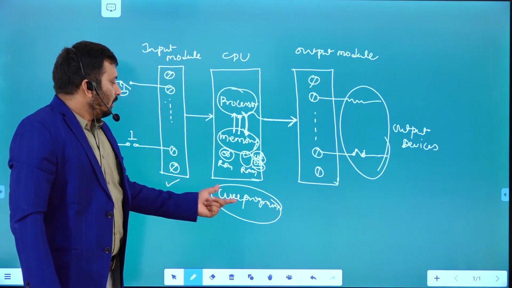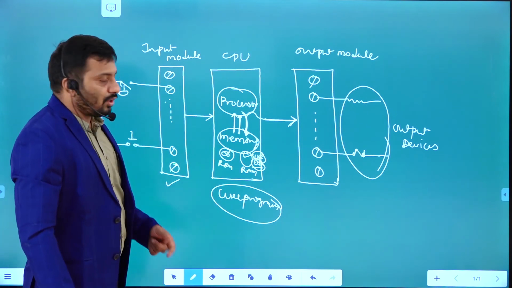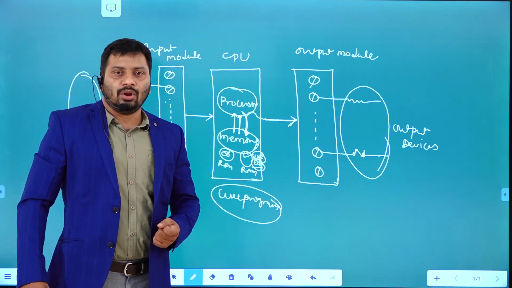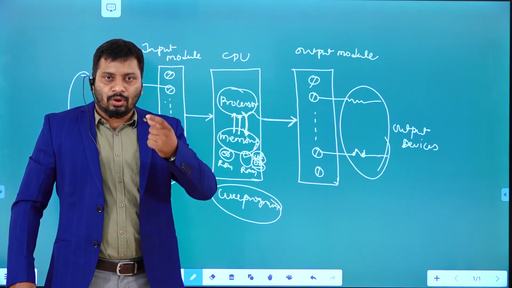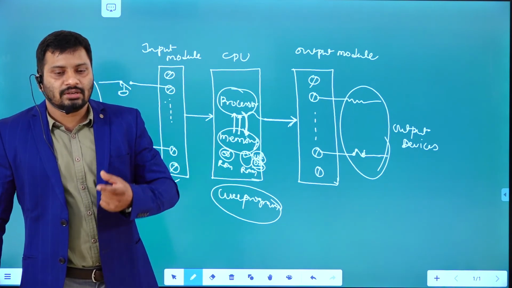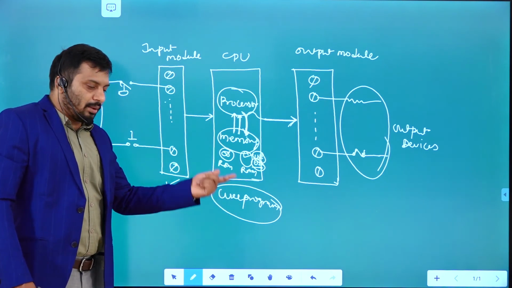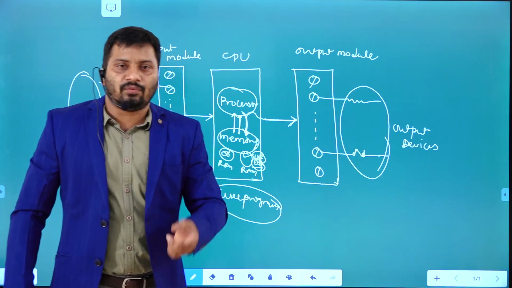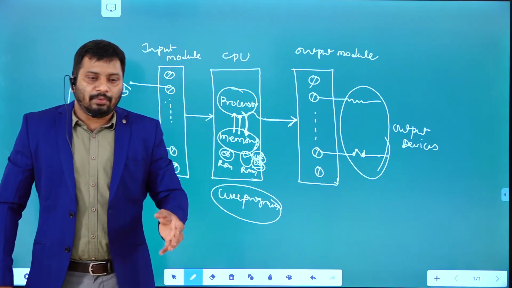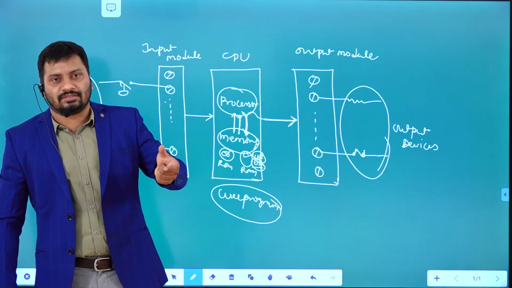We are going to discuss the user program. After that, you are going to discuss digital logic gates in terms of PLC logic diagrams. To write the user program in ladder logic diagrams, we need to follow some instructions.